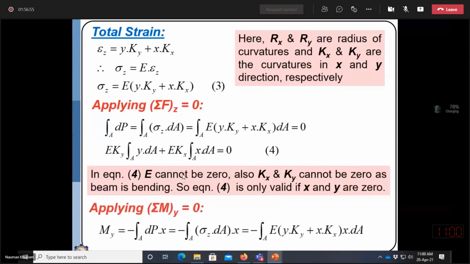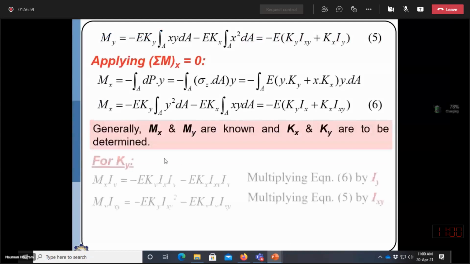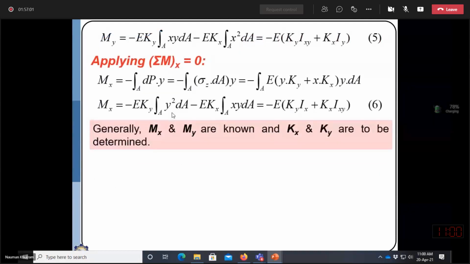So the equation is the same. The only difference is that we will have y here. So moment about x-axis will be equal to force dp into moment arm about x-axis, which is a distance along the y direction.